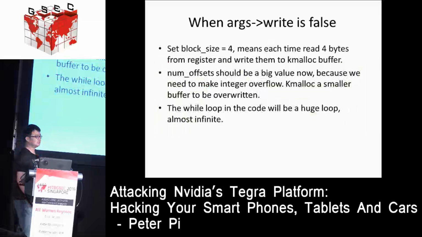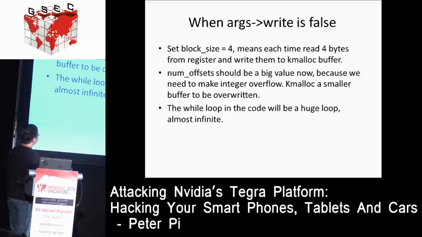So we can set the block size to 4. This means each time we read 4 bytes from the register and write them to the k-malloc buffer. This time, the number of offsets should be a very big value because we want to make an integer overflow. When the integer overflow happens, k-malloc will allocate a smaller buffer to be overwritten.